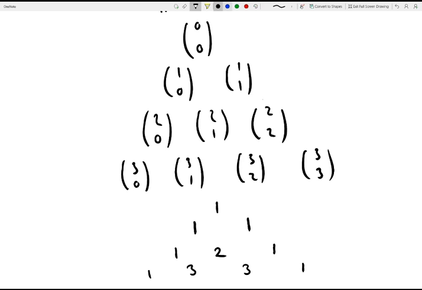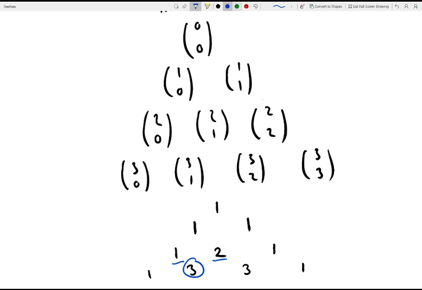And it's worth noting that Pascal's triangle is symmetric around the center point, so that n choose k is actually equal to n choose n minus k, and that each number, so if we take an integer here, say 3, then you can always generate that number by summing the two numbers above it.